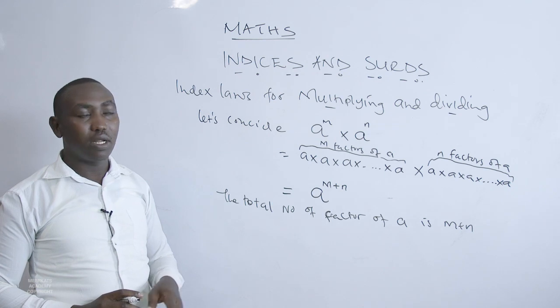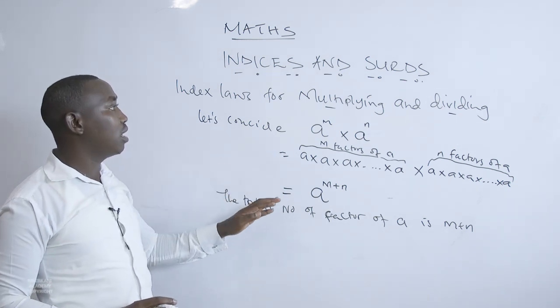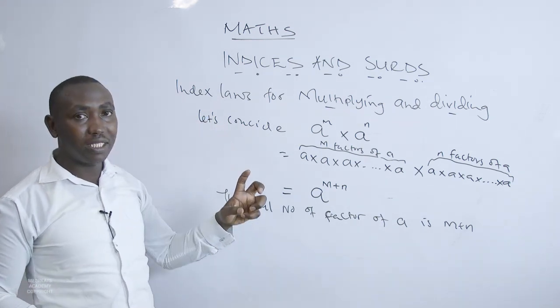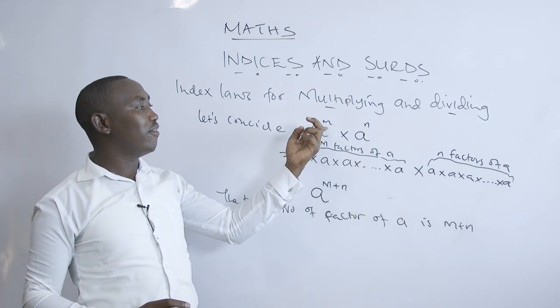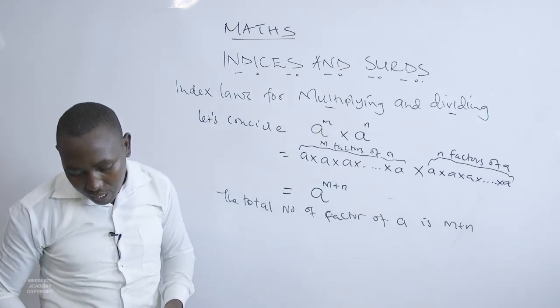So this develops the first rule whenever we are multiplying factors which have the powers m and n.